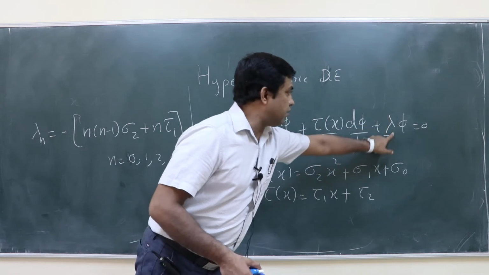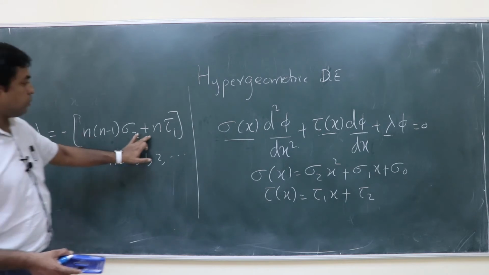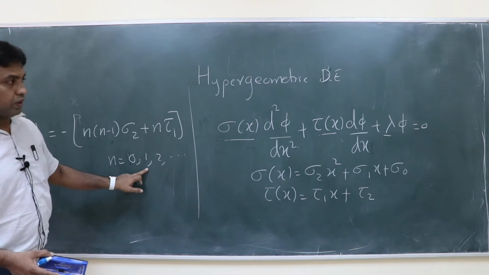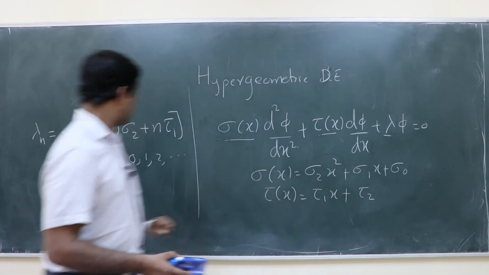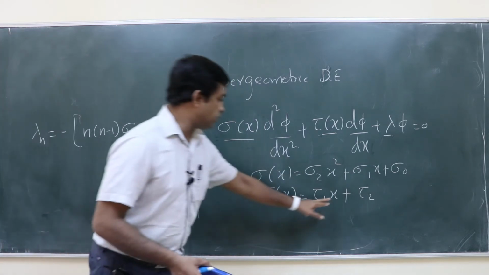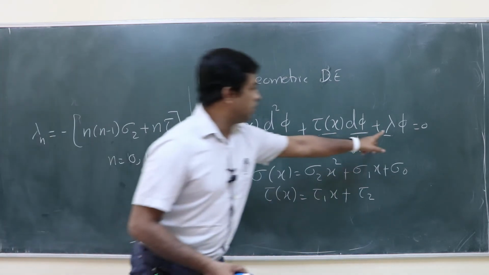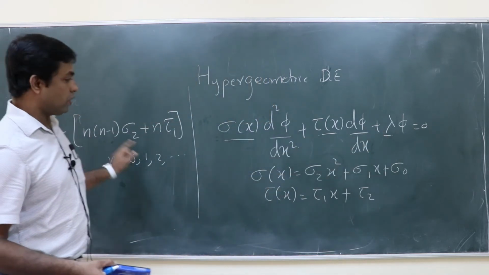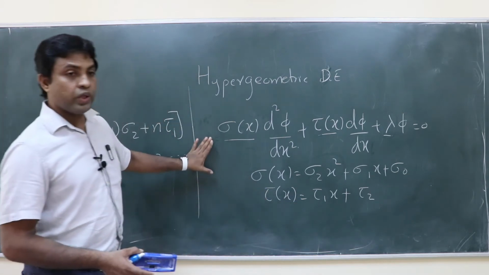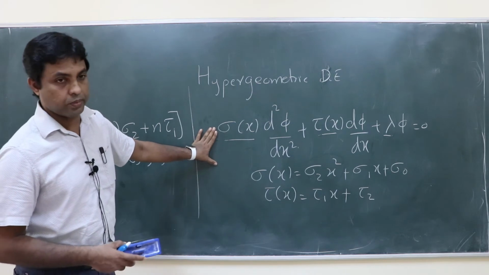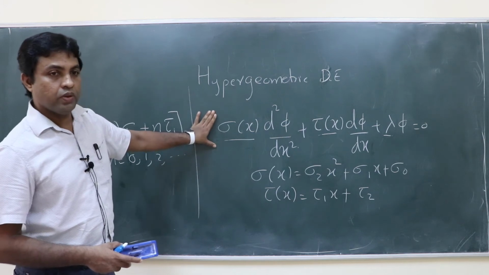For some particular value of lambda, if it is equal to minus n into n minus 1 sigma 2 plus n tau 1, where n is 0, 1, 2, and so on, with sigma 2 the coefficient of x square in sigma of x and tau 1 the coefficient of x in tau of x, then the solution to this differential equation will be orthogonal polynomials.